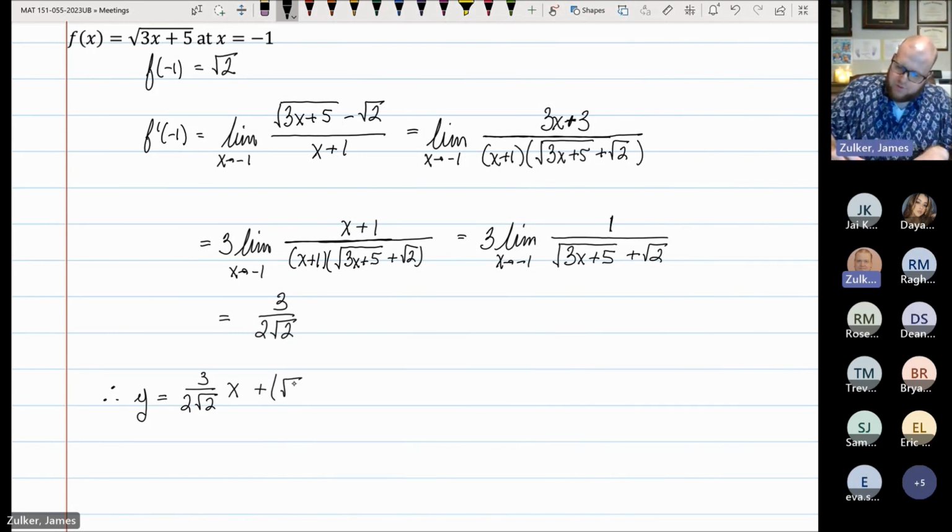F of A was root 2, or sorry, minus, right? A times F prime. So it's going to become plus and then 3 over 2 root 2.